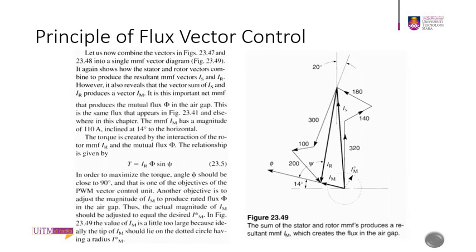And so the total IS and IR, you have this combination, the sum of the stator and rotor MMF. So now we can calculate the IM. This is what we call the rotating magnetic field.